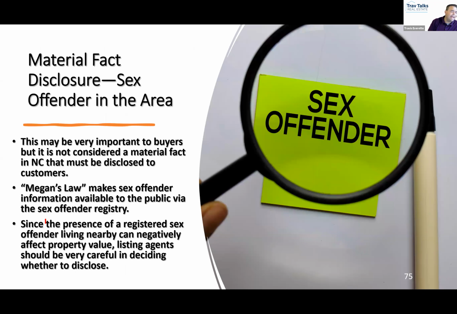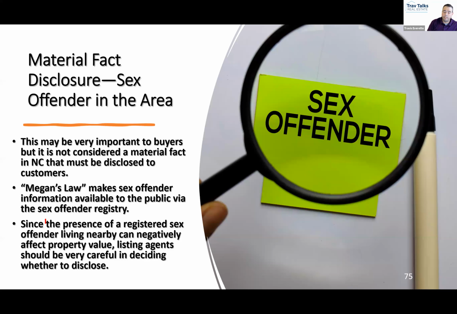All right. And last one, which does pop up, and I think you're going to see it on the test, and I think it is surprising to a lot of people. The presence in the area of a registered sex offender is not a material fact. Is not a material fact.